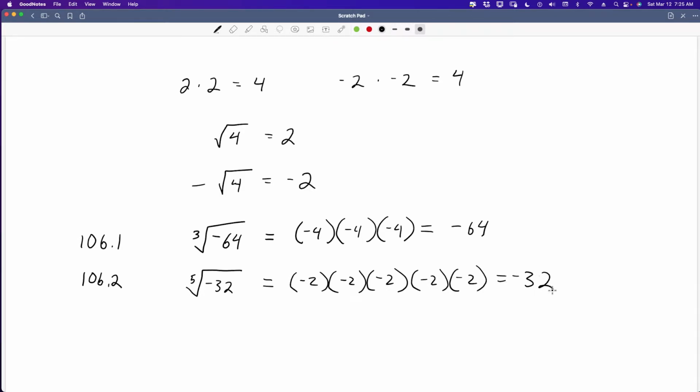So therefore, the answer here, the third index of negative 64, is going to be negative 4, and the fifth index of negative 32 is going to be negative 2. Because 1, 2, 3, 4, 5 identical factors give us a negative number. But negatives under the radical only work if we have an odd number index.